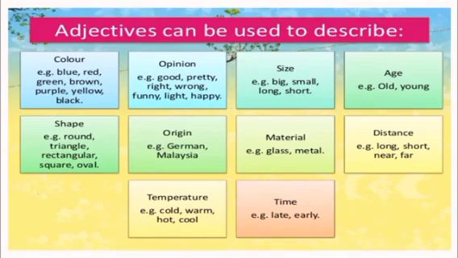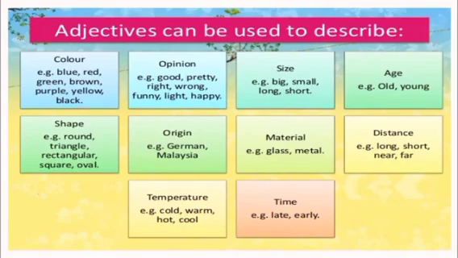Size, for example, big, small, long, short. Age, for example, old, young. Shape, for example, round, triangle, rectangular, square, oval. Origin, for example, German, Malaysia.